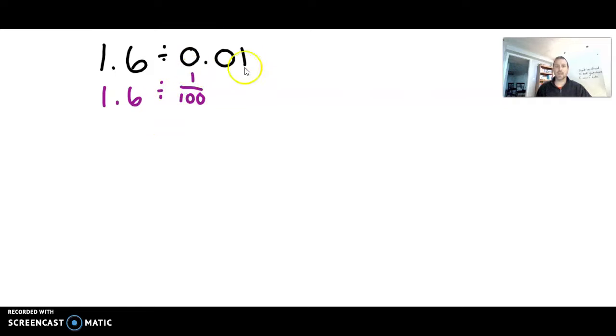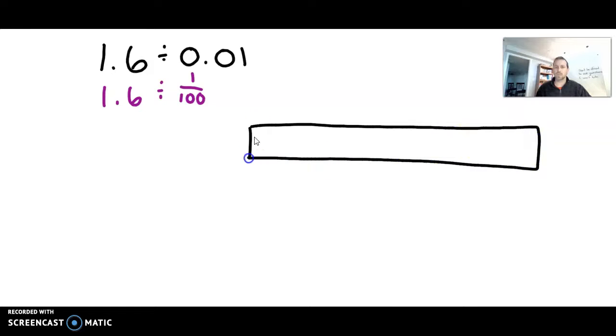But I'm going to first draw a model of one whole. And again, being an awesome math genius, I'm going to label this. Now, I could cut this up into a 1/100th and do a second 100th, a third 100th, and that tends to be a little difficult. There's so many lines.